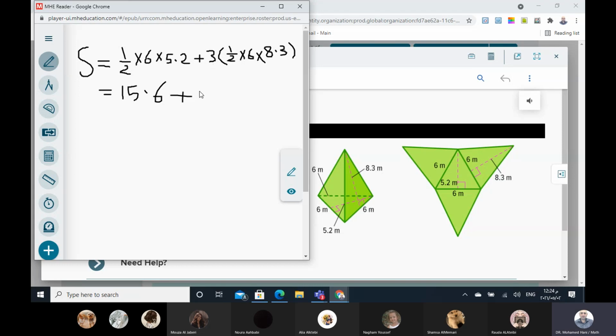So the answer will be 74.7. Then we can add. We have 15.6 plus 74.7. The answer will be 90.3 meter squared.